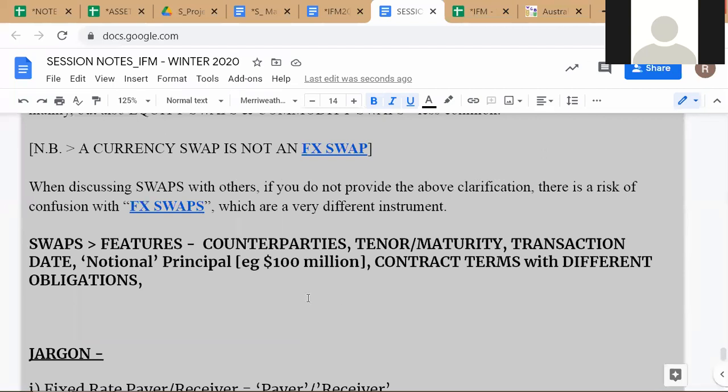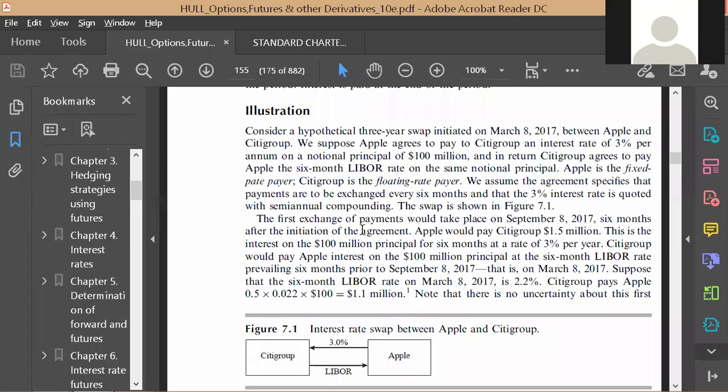Okay, so we looked at the contract. Now you understand how the contract terms work under the different obligations of the parties: Apple has to pay a fixed 3%, and Citigroup has to pay 6-month LIBOR.